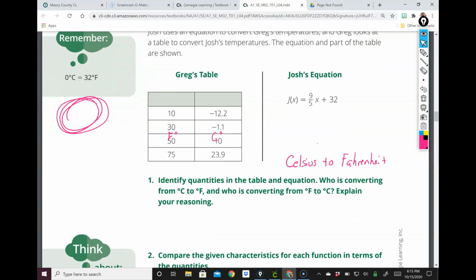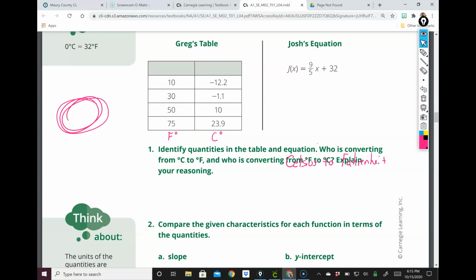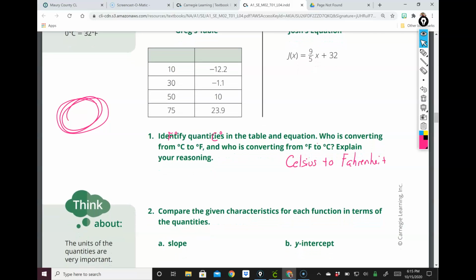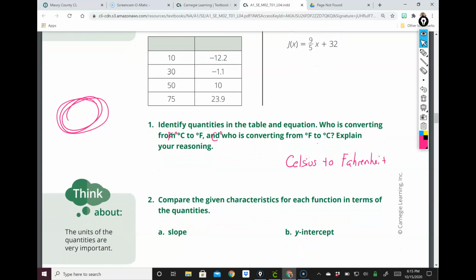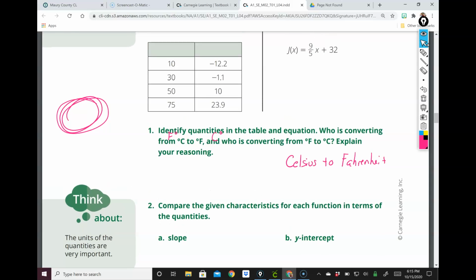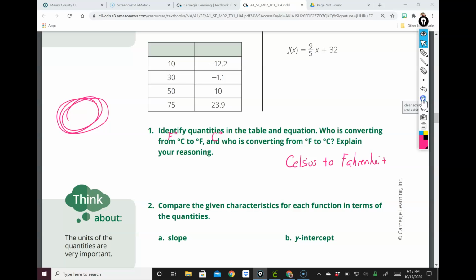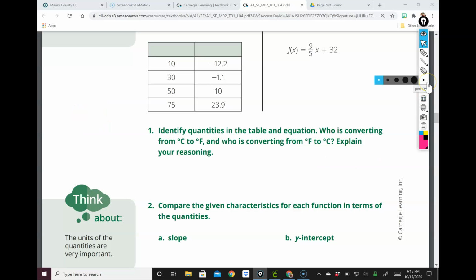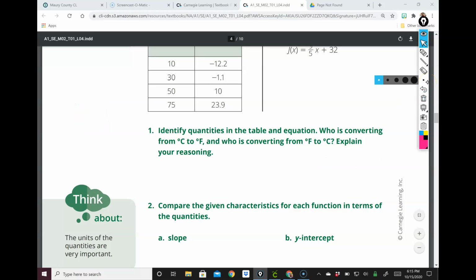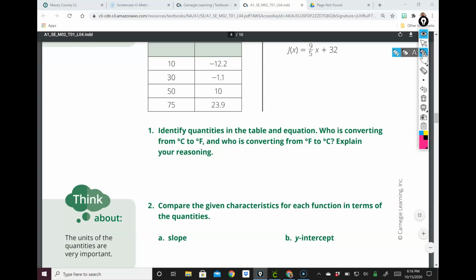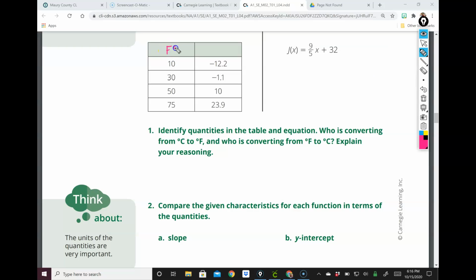Number 2, compare the given characteristics for each function in terms of the quantities, the slope and the y-intercept. So he said this was Fahrenheit and this was Celsius.